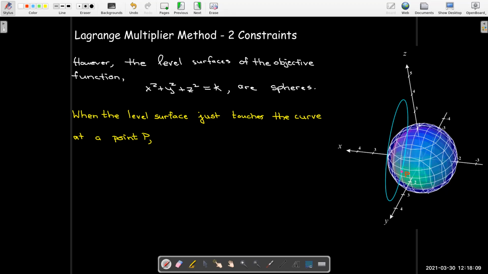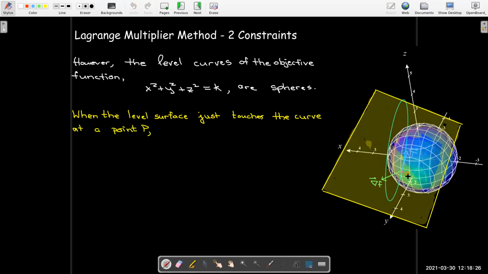So if I find a level surface that is tangent, so barely touches the curve of intersection of my constraint surfaces, then what can I say?